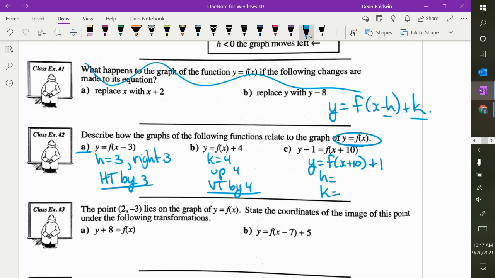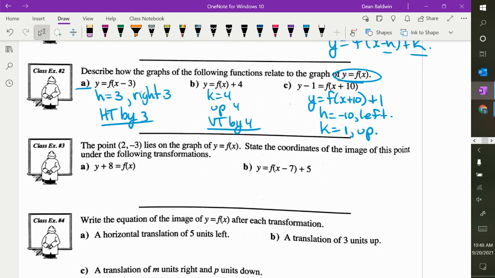So that means we went left. And my k is 1, so we went up. Is that okay? So now we're giving specific values and applying it to any function instead of just quadratics and absolute values like we did in the last chapter, or radicals.